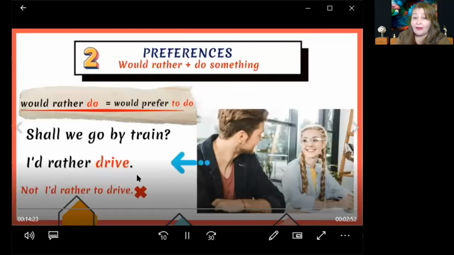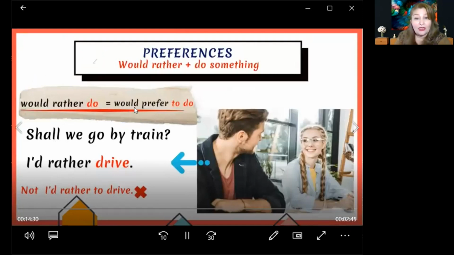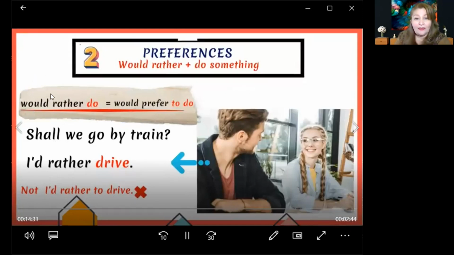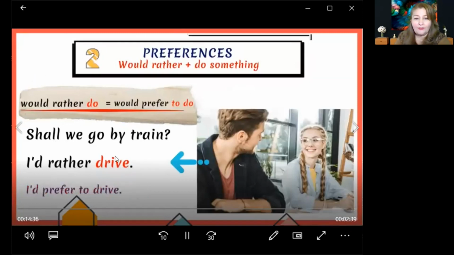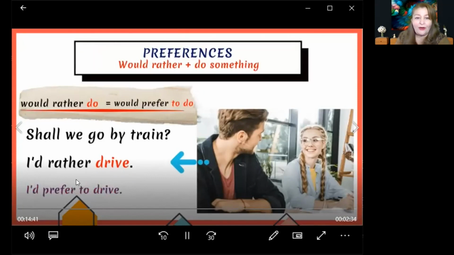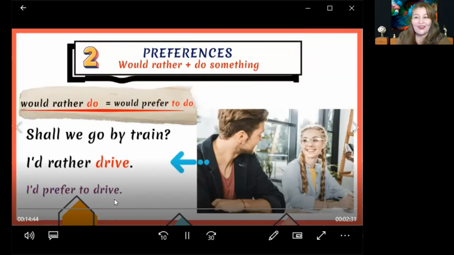I'd rather drive. Not I'd rather to drive. No, be careful. So when we use rather, we only use the basic verb. Or you can also say this sentence with would prefer. This time, I'd prefer to drive is your correct sentence. Okay.